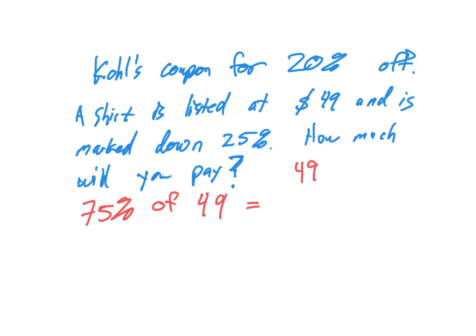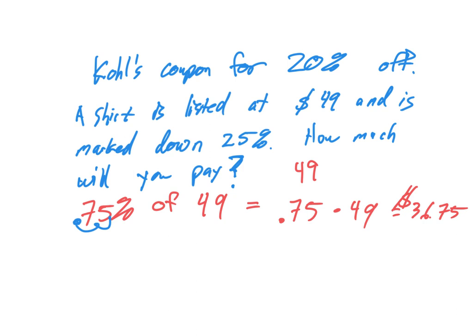So that will be 0.75. Again, I did the decimals, 1, 2, right there. 75% of $49 gives me $36.75. That's what the cost will be, but then I have a 20% off.